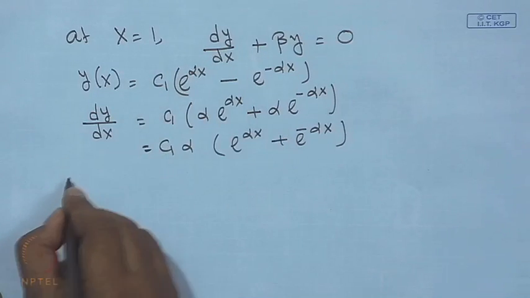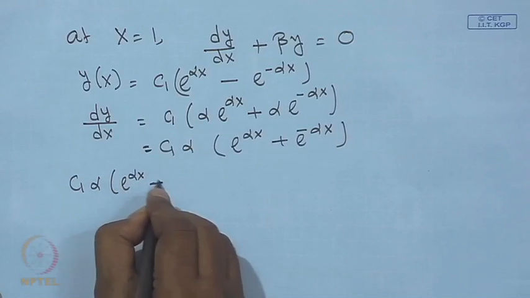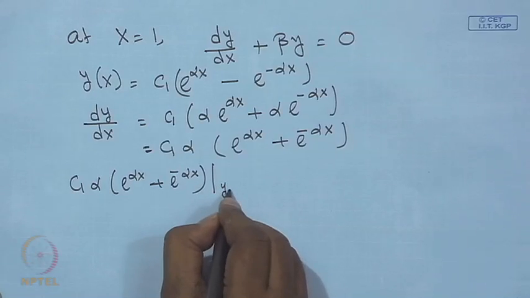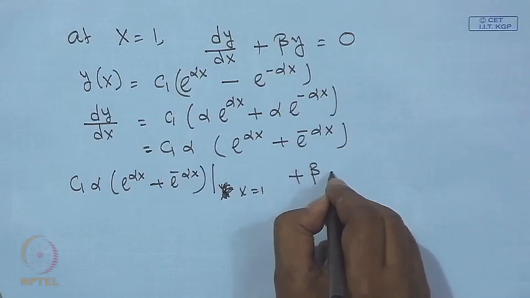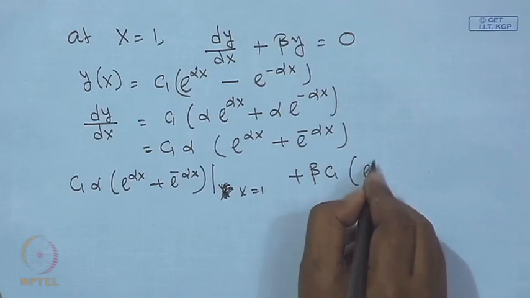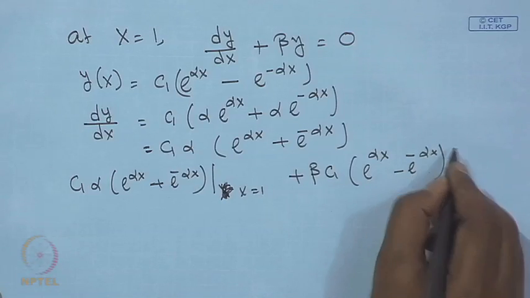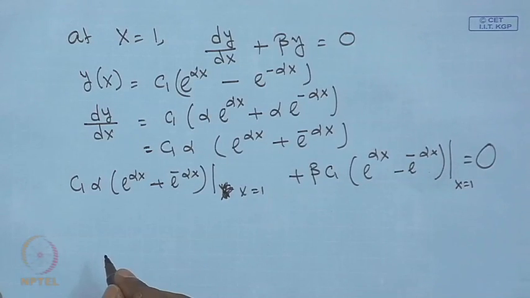So, dy dx will be evaluated at x is equal to 1, e to the power alpha x plus e to the power minus alpha x, the whole term is evaluated at x is equal to 1, plus beta times y, which is C 1 times e to the power alpha x minus e to the power minus alpha x, whole term evaluated at x is equal to 1, should be equal to 0.